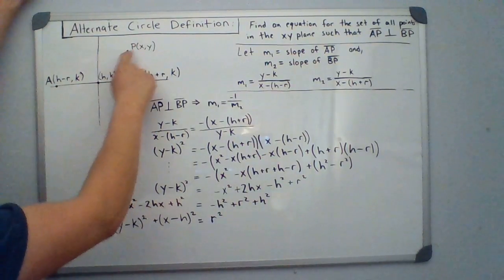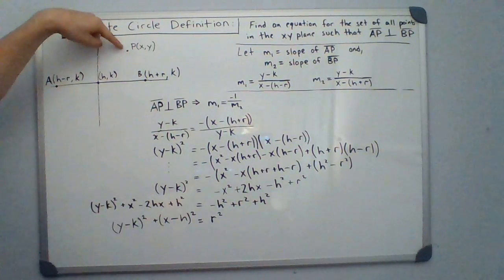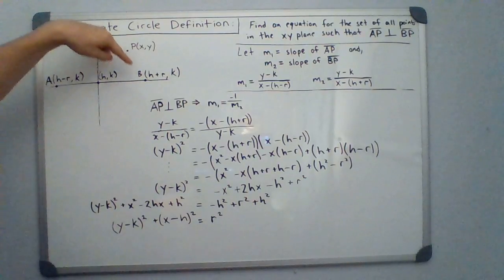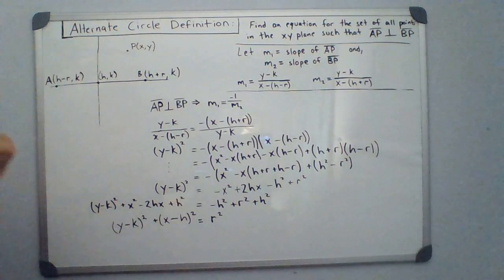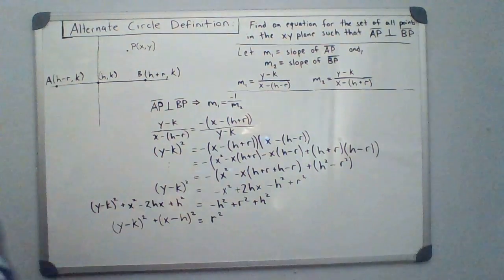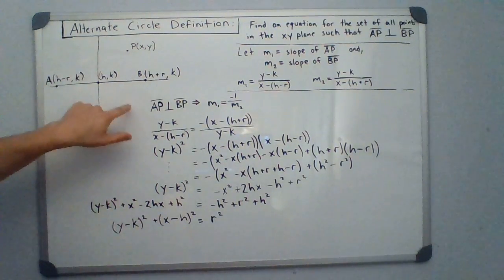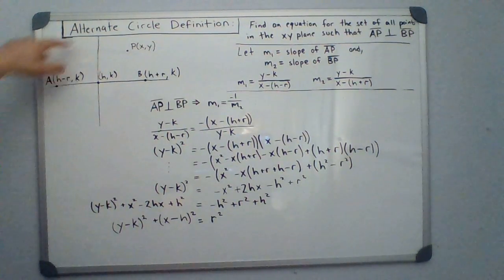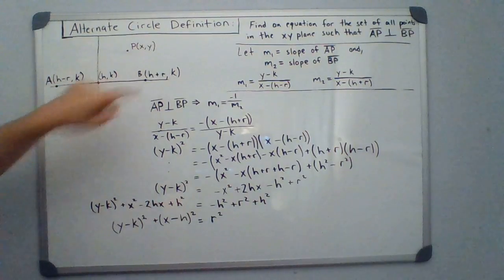AP would be that line segment and BP would be that line segment. And P here is our variable that represents all points in that set of points. I just wrote it here, but actually P could be here or here or here, anywhere along that circle that A and B are a part of.